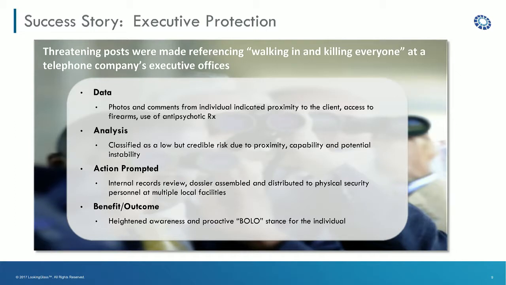The second story example is one that is probably sadly a little too familiar for many people in the organization or the environment, where someone is posting threatening remarks or content targeting an organization. In this specific example, it was a telephone company.